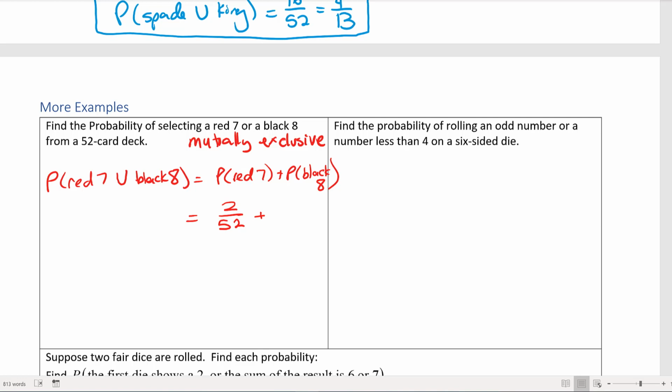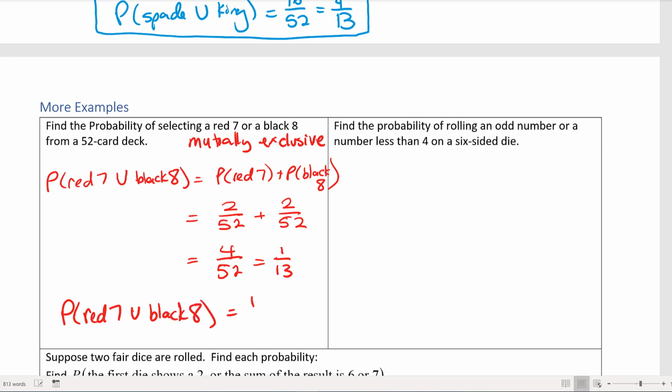Plus, there are 2 black 8s, the 8 of spades and the 8 of clubs, so there's 2 there out of 52. So when I add that up, we get 4 out of 52, which when I divide the numerator and the denominator by 4, that's 1/13. So the probability of getting a red 7 or a black 8 is simply 1/13.